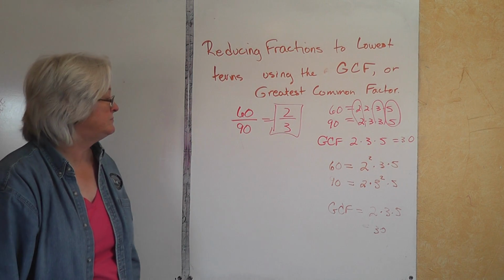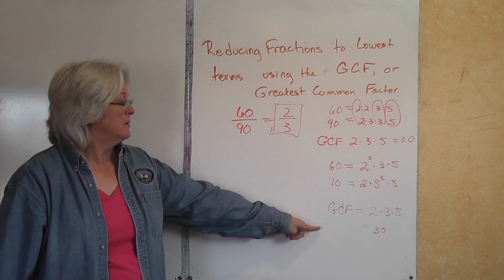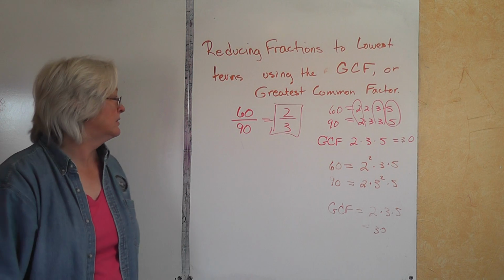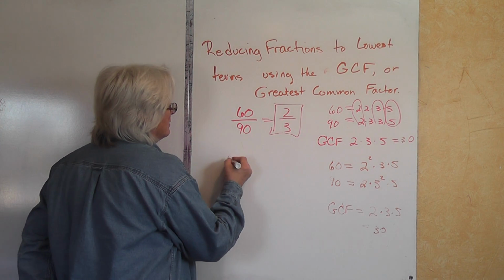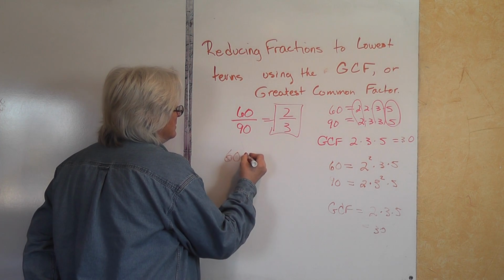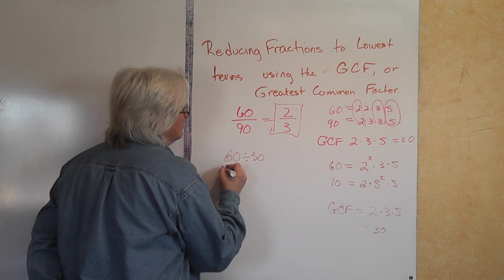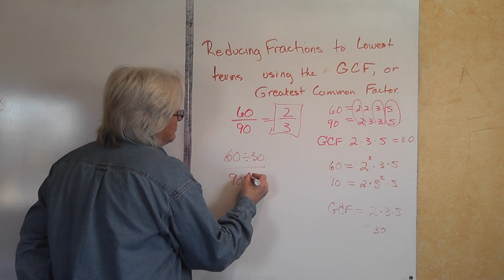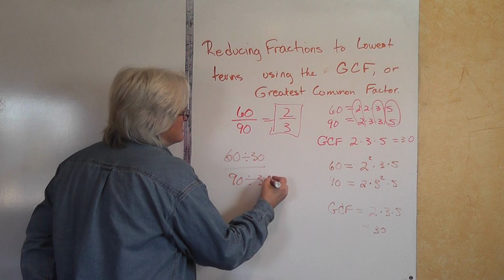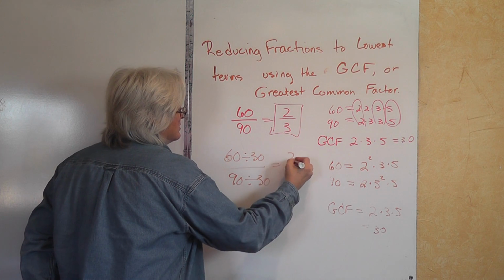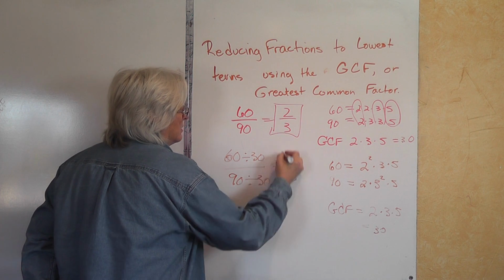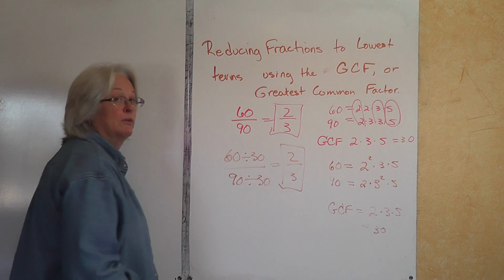Sorry about that. We've found the GCF is 30. We're going to divide the numerator and the denominator by 30 to find our reduced fraction of 2/3.